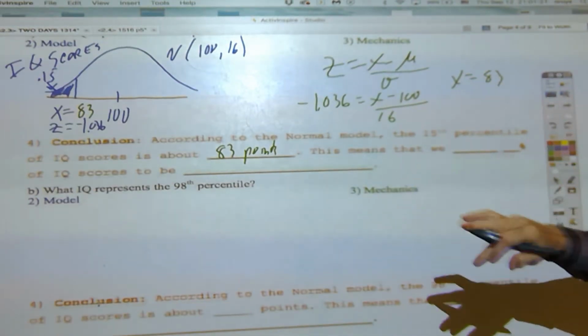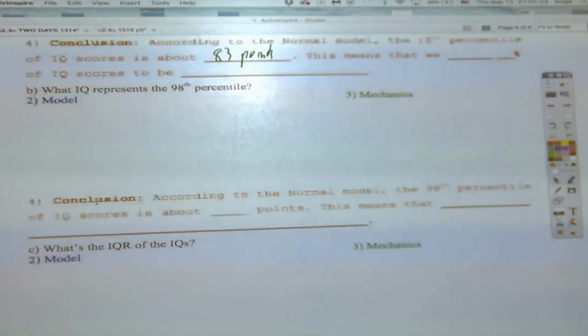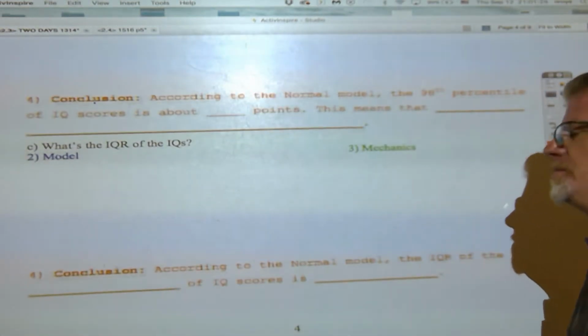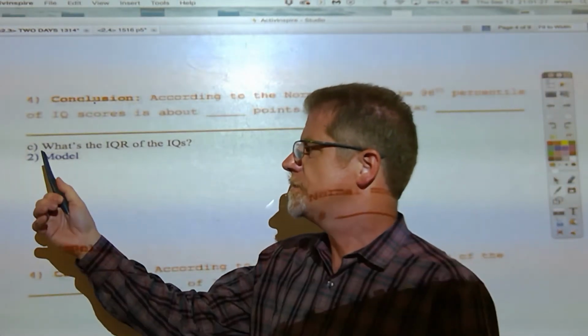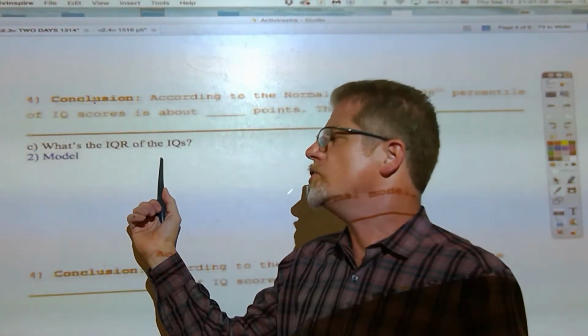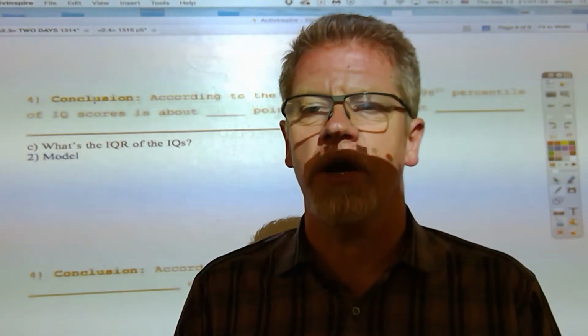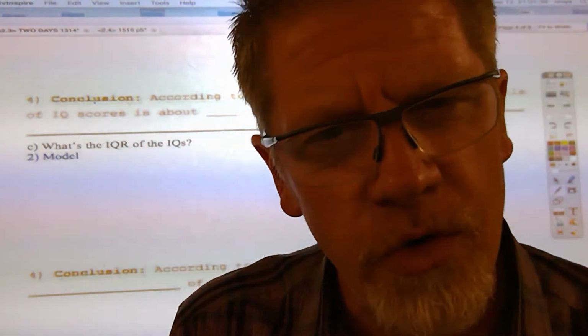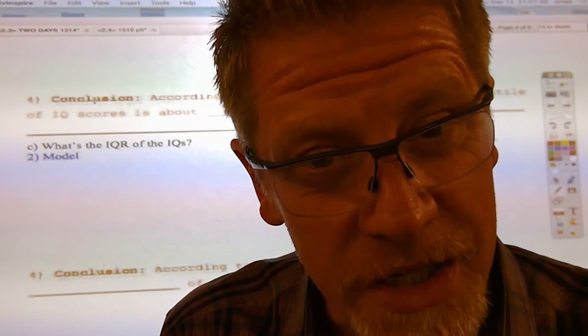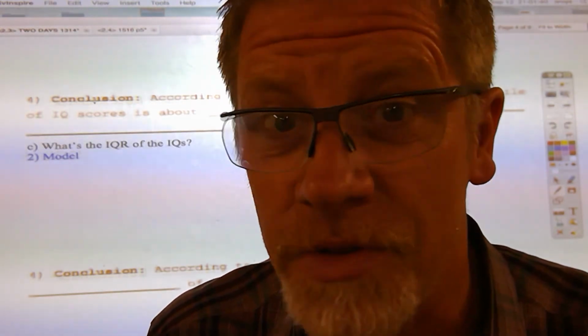Now, back to this. We could do the same thing again for the 98th percentile. Let's just practice. Let's take a look at what kind of people are actually writing these problems. Look at part C. What are they asking? They're saying, what is the IQR of the IQs? Really? What is the IQR of the IQs?